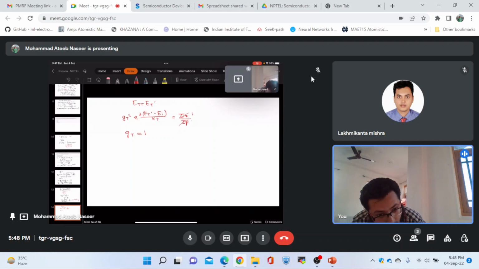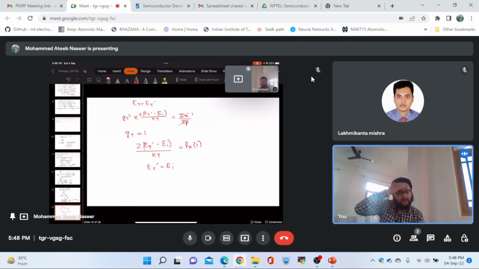if I put ln on both sides, it will simply be equal to 2 times (Et dash minus Ei) by kT is equal to ln of 1, which is simply 0, and this will simply give me Et dash is equal to Ei, and this Ei is the intrinsic Fermi level which lies approximately in the middle of the band gap.